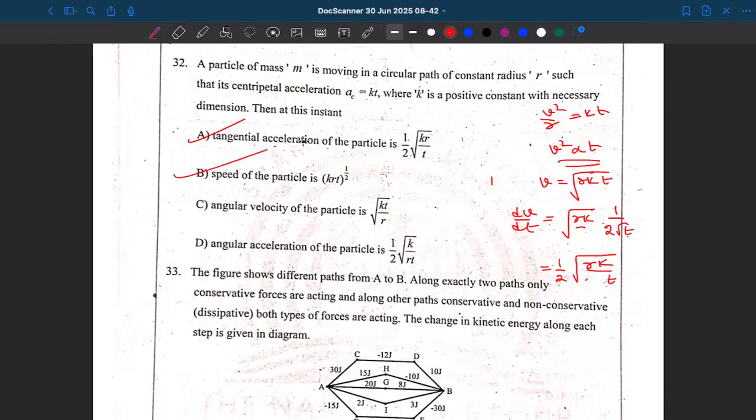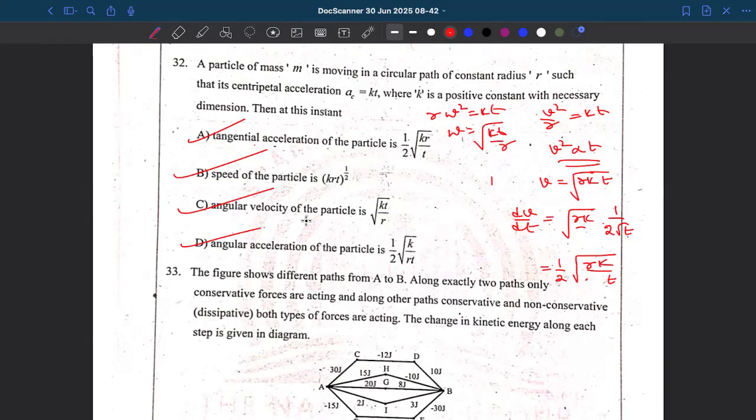Angular velocity of the particle: R omega square is KT, so omega is root KT by R. That is also correct. Angular acceleration of the particle is AT by R. So, correct. A, B, C, D.